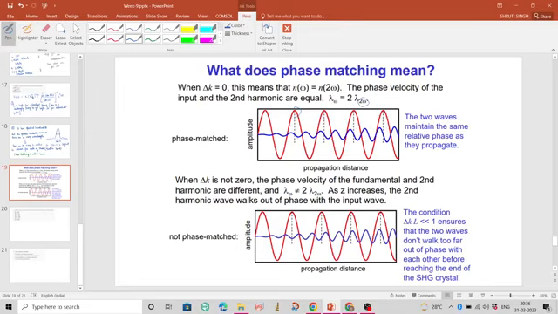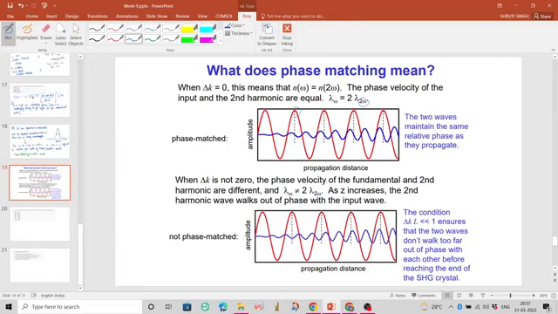But when the phases are not matched, and when the delta k is not 0, that is, the phase of this minus the phase of this, the difference in the phases is not 0, then the physical situation is like this. You see the maximum of this is matching with the minima of this.